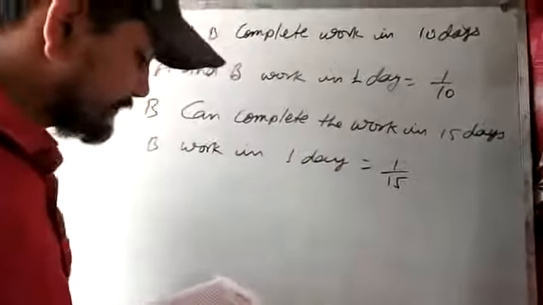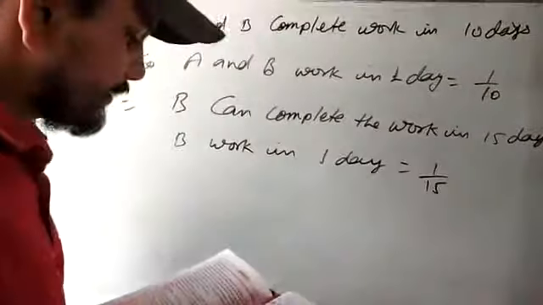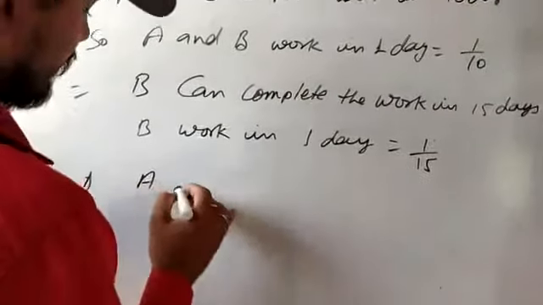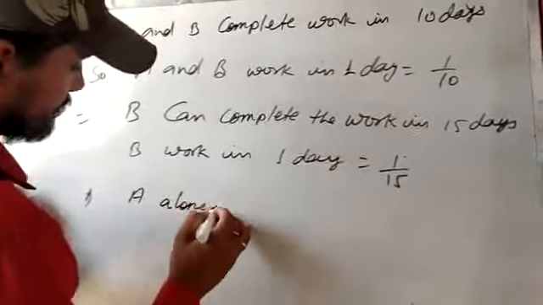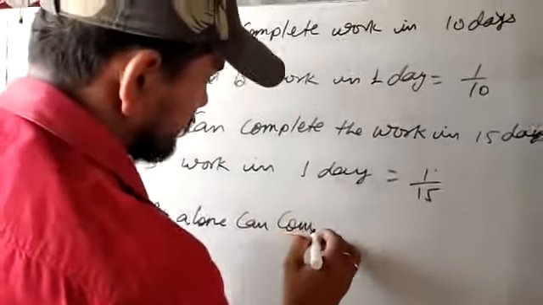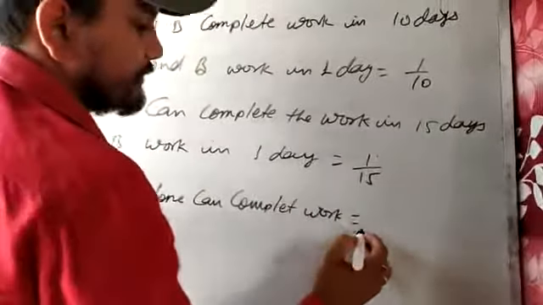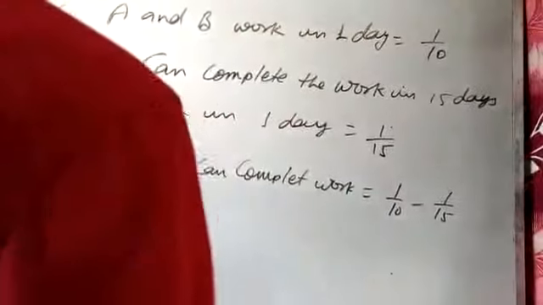So I have to find how long A alone will take. How long will A alone take to do the work? A alone can complete the work in 1 by 10 minus 1 by 15 per day.